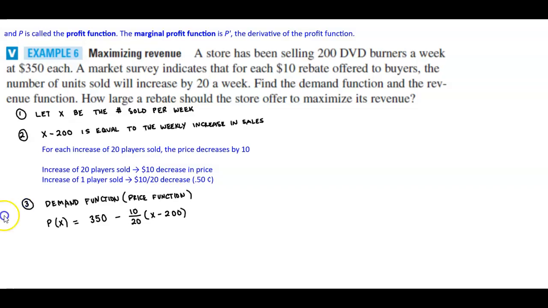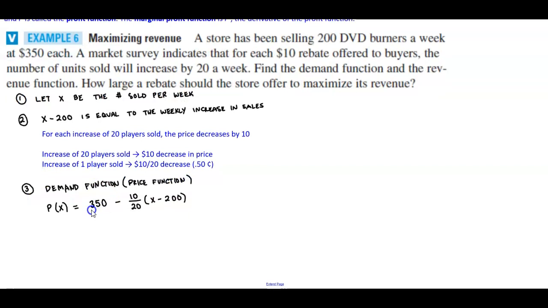Now let's figure out what P of x is. If we distribute the 10 over 20, which is the same thing as 1/2, that's going to give us 1/2 x, and then minus 1/2 of minus 200 is going to give us plus 100. And so if we add 350 with the 100, we're going to get 450 minus 1/2 x.